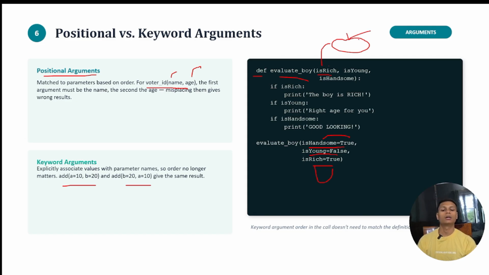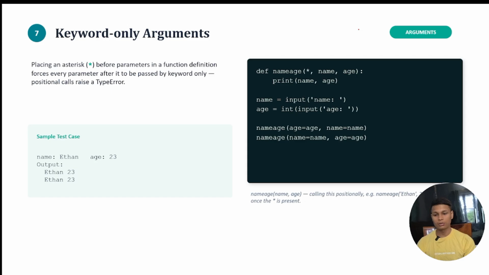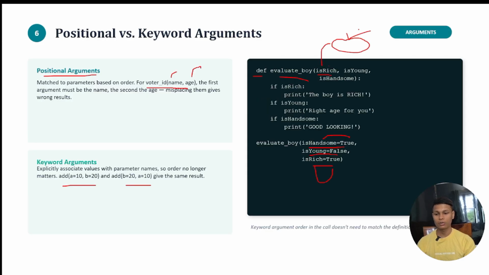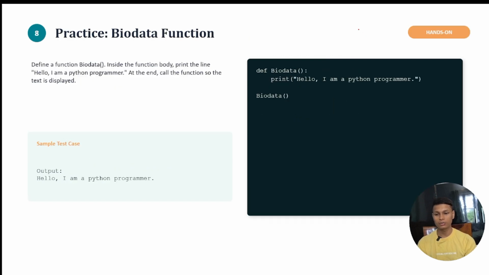Every time, if the value is not passed, it will always be true, unless we write false. So this was all about what a positional argument, keyword argument and default argument are.